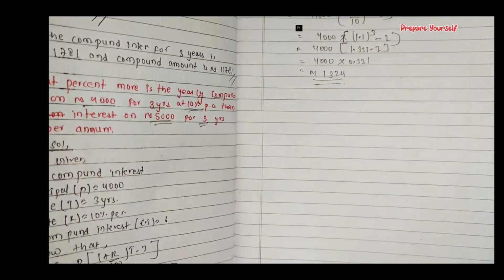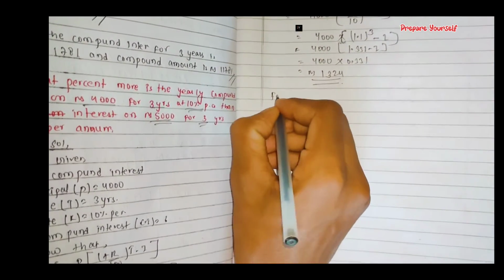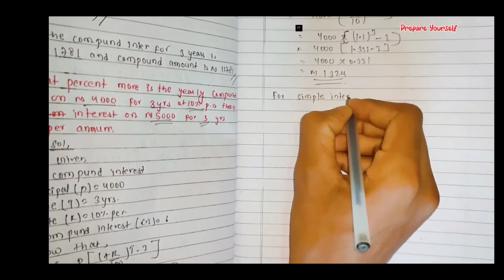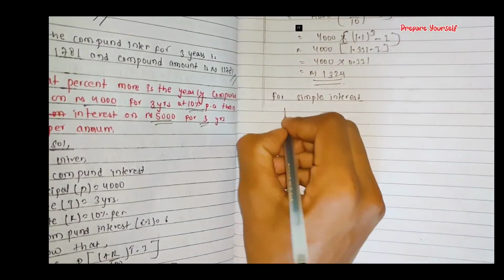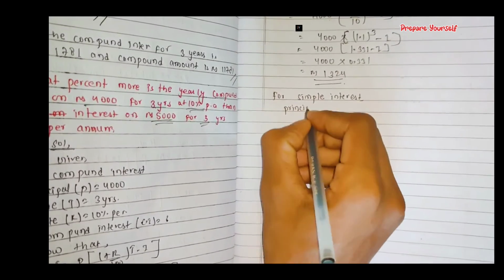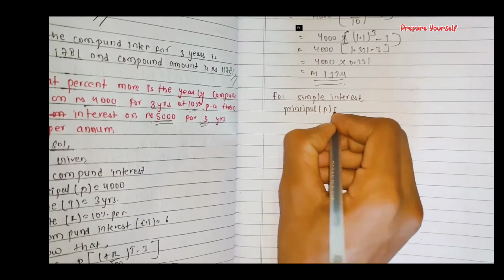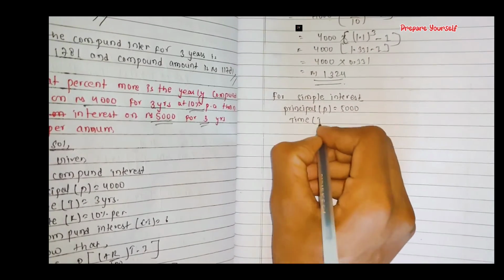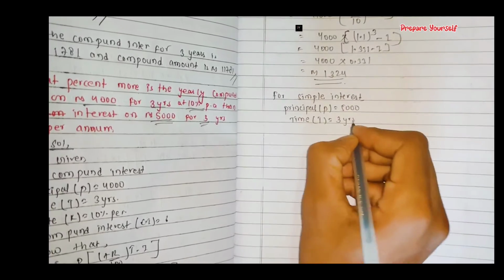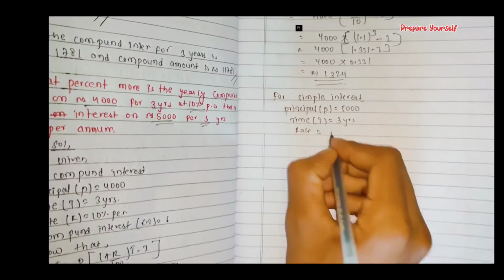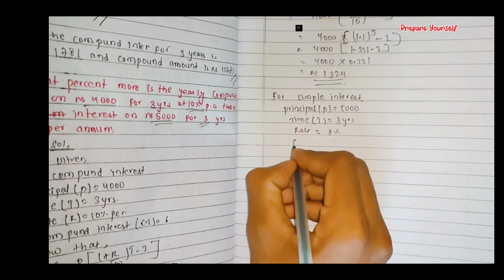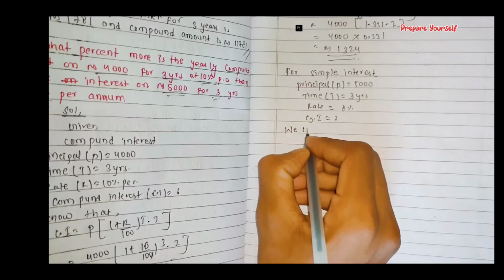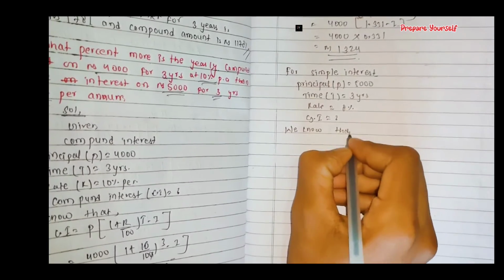Now we have to find the simple interest. Now we have to write for simple interest. Okay, for simple interest, principal P equals 5000, time t equals 3 years, and the rate of interest is 8% per annum. So we know the formula of simple interest.